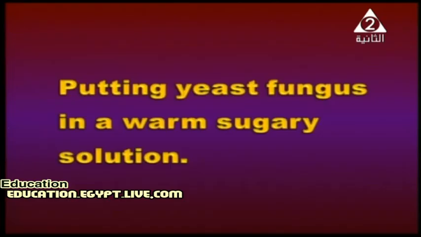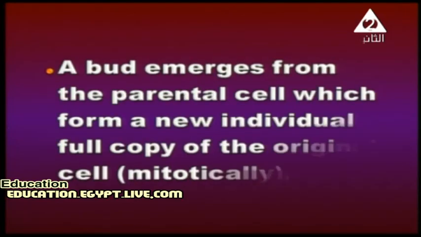What are the results of putting yeast fungus in a warm sugary solution? A bud emerges from the parental cell, which forms a new individual that is a full copy of the original cell by mitotic division.